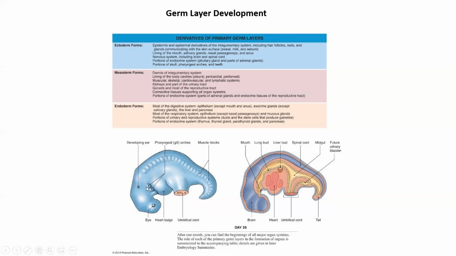And then what's remaining are a series of arches, so these protrusions, in between them the grooves, known as the pharyngeal or branchial arches, or pharyngeal and branchial grooves. Branchial is in reference to the Latin word for gills, because that's what they look like at this current state. The pharyngeal and branchial grooves and arches will give rise to different structures that you find in the neck region.